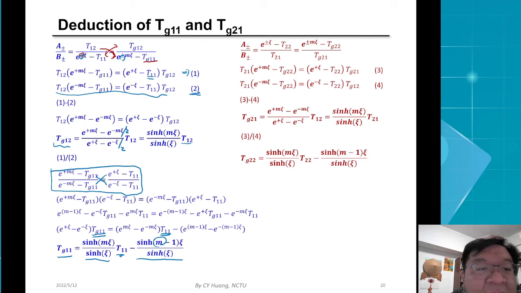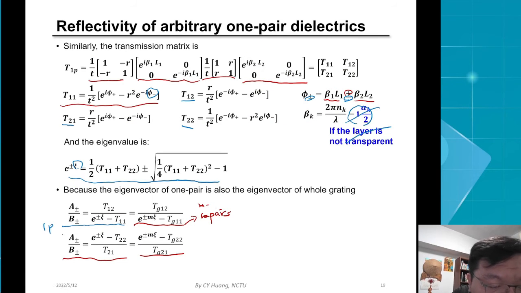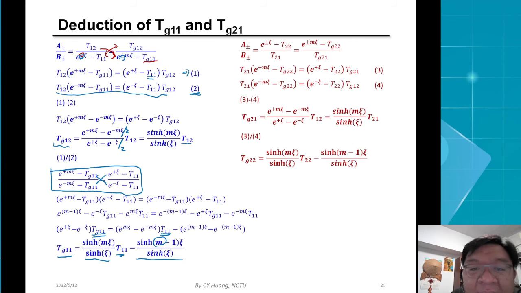Here comes the second course, where you take the second row and repeat that again.